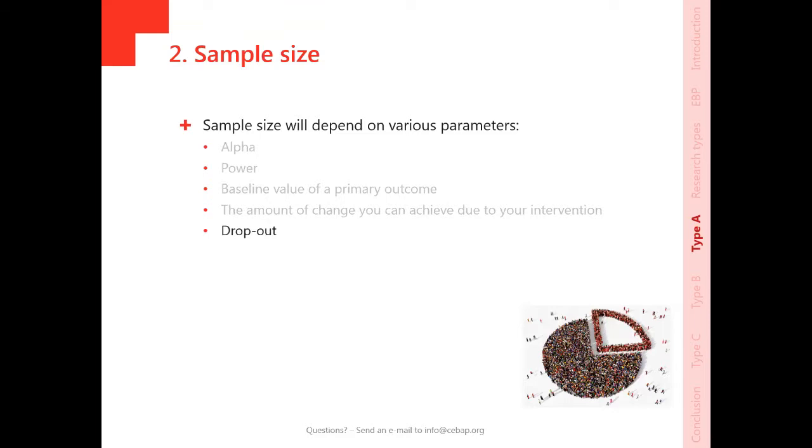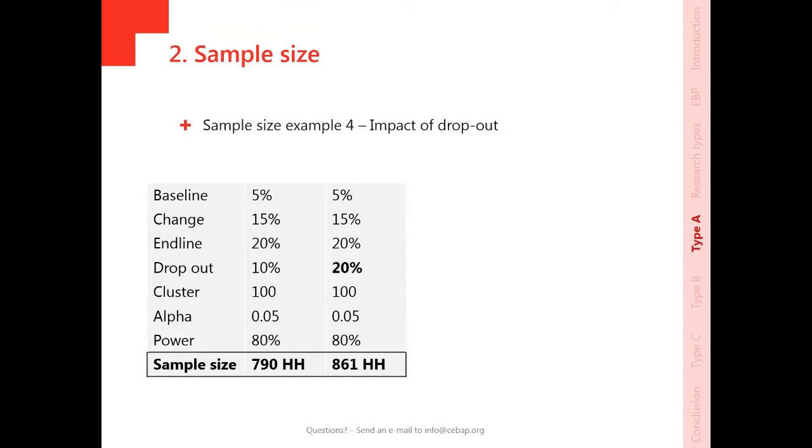In addition, your sample size will also depend on dropout. As I explained earlier, dropout rate refers to the number of people that will no longer participate at your endline measurement. Of course, when you increase it to 20%, so you anticipate that 20% of the population that has participated at baseline will no longer participate at endline, then you will need a larger sample size.